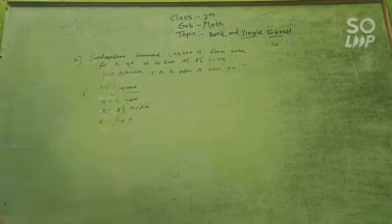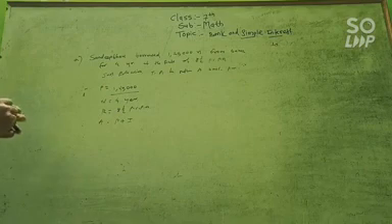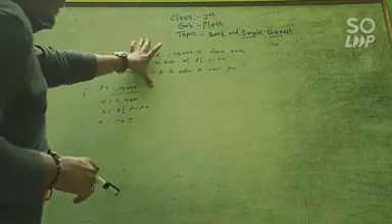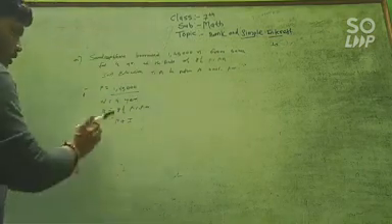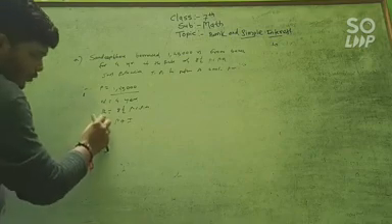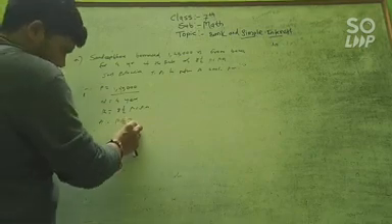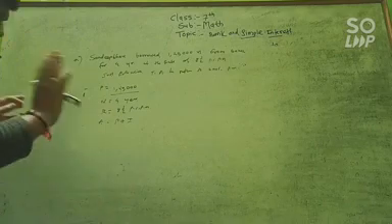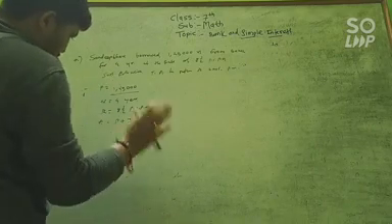You have to remember that in the exam, if they ask you the amount, then you have to find the total amount as the principal plus interest. If you find only the interest, you will get only half marks.